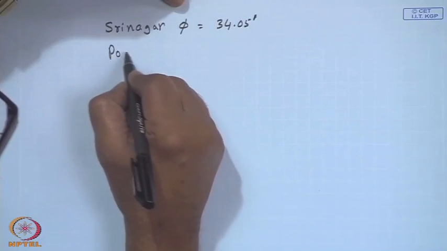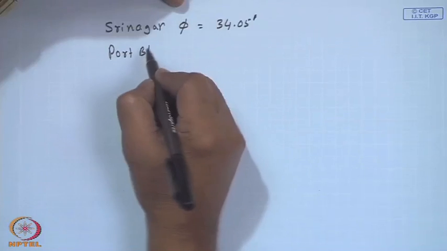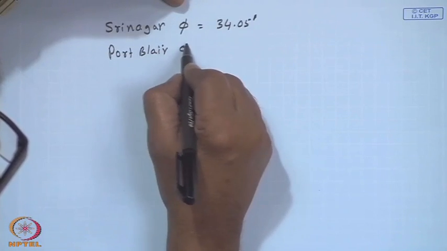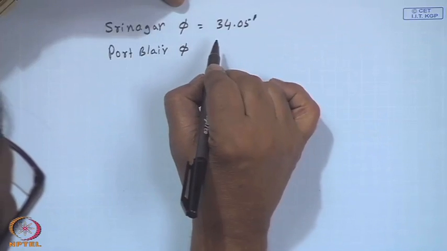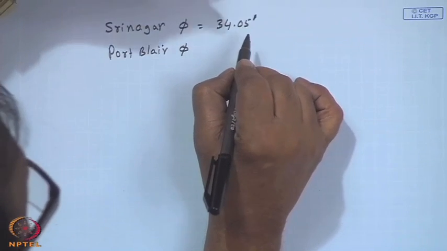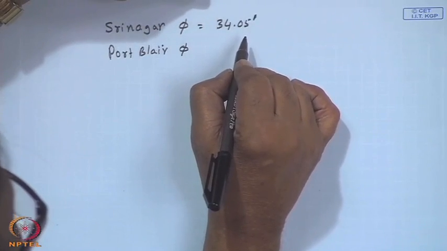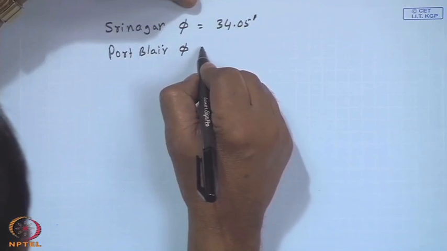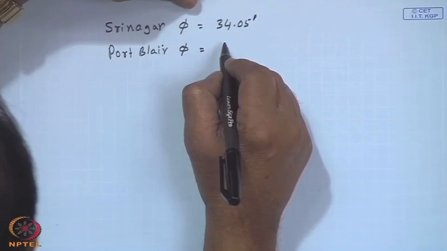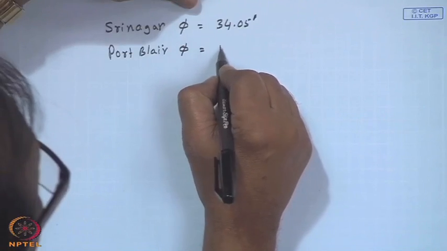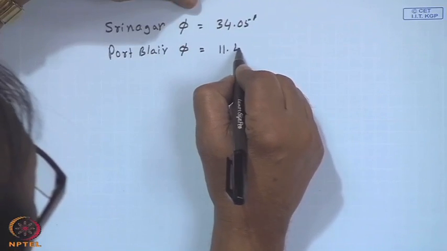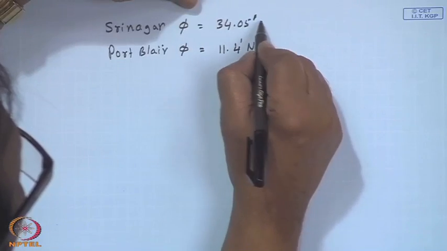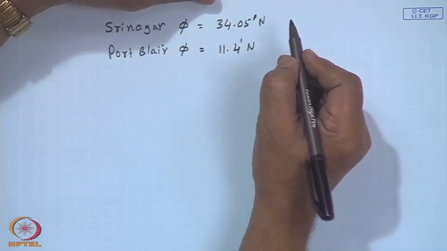Port Blair, you can check up whether it is 34 degrees or 05 minutes or 34.05 degrees. There will be a slight difference, do not worry about it. I might have calculated as the calculator did. So, both are north latitudes.